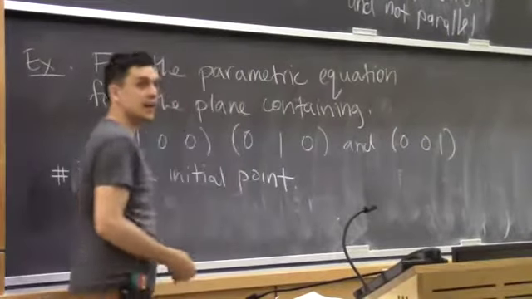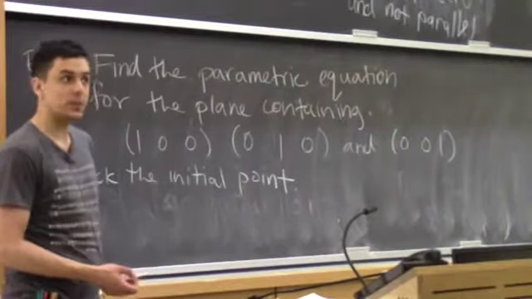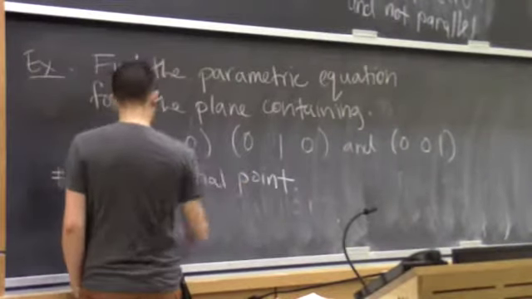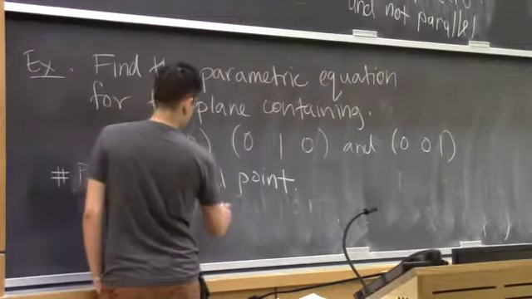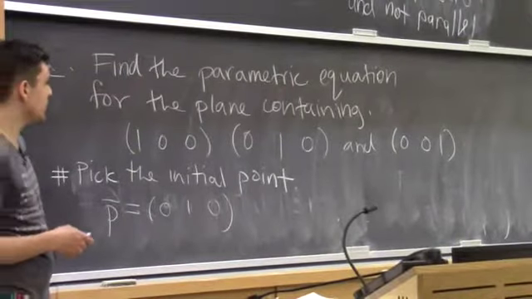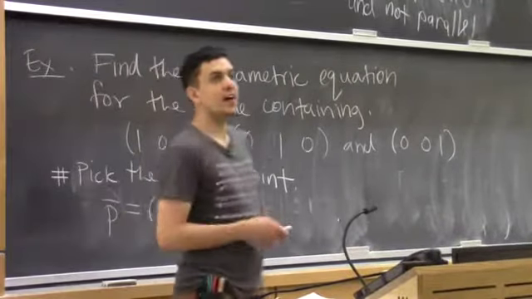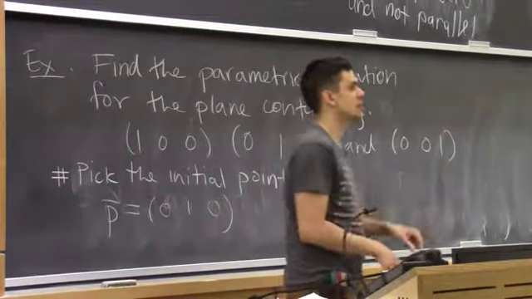I'm going to pick an initial point to lie on our plane. I'm going to be a little bit weird and pick this guy. OK, so I'll pick the second one as our initial point. And now we have to find the two direction vectors that we go in.